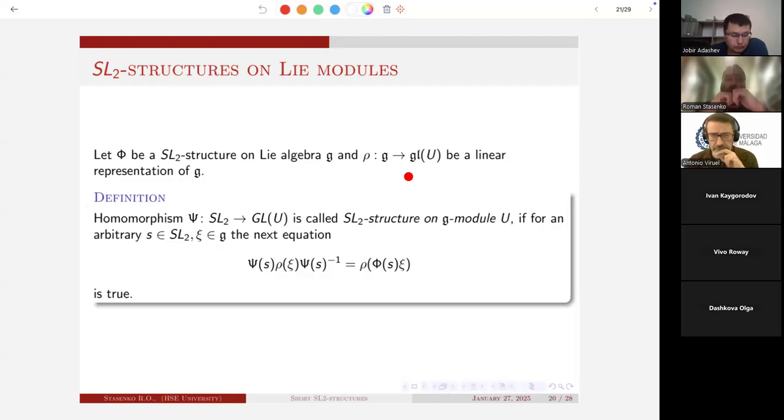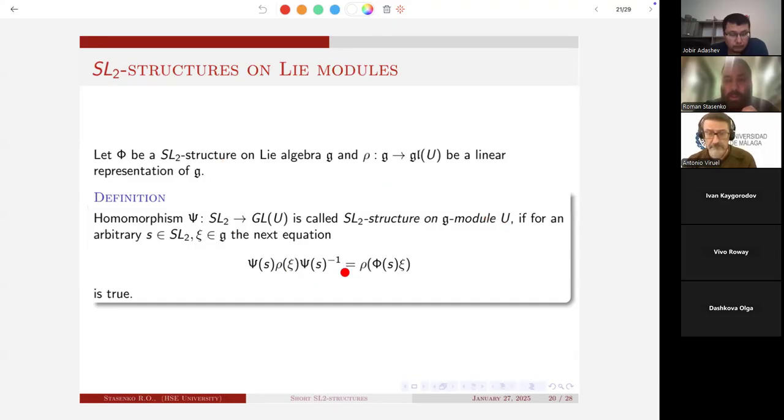So this tool comes true if we define a homomorphism from the group SL2 to the general linear group of the vector space, or the Lie module SL2 structure, if this equality is true. So this equality is a connection between the SL2 structure on the Lie algebra and the SL2 structure on the G module.